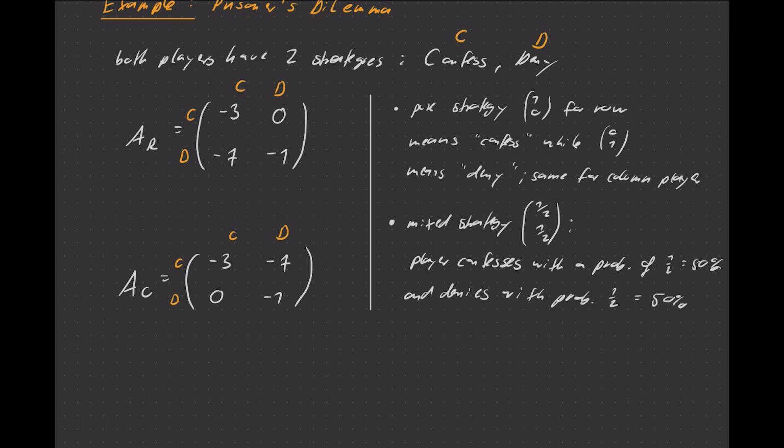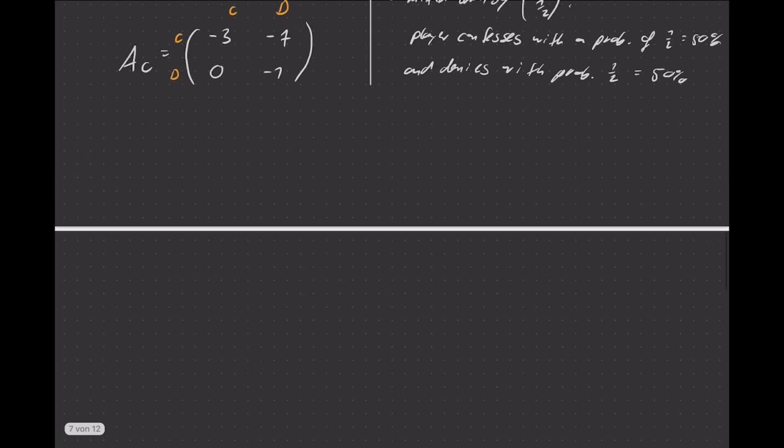So that's a 50-50 decision. And of course, that could be a valid strategy. Well, if I don't want the other player to know what I'm doing, to be able to predict what I'm doing, then I could employ such a strategy where I myself might not know what I'm doing. I'm going to toss a coin, and that will give me my decision. Okay, so that's a possibility for a mixed strategy.